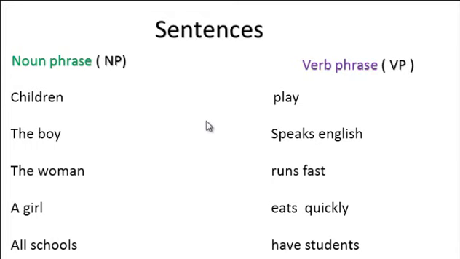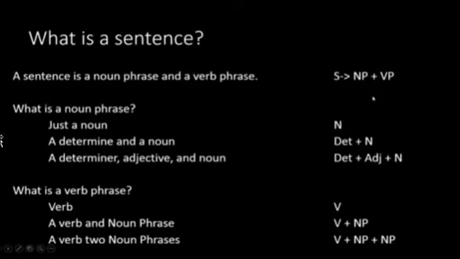Okay, let's continue. Here, the verb phrase. The verb phrase is when you have a verb like play, speaks, runs, eats, have. You have a verb, and you also have a noun phrase, for example, in this case, a noun like English or students. You have to follow the rule.